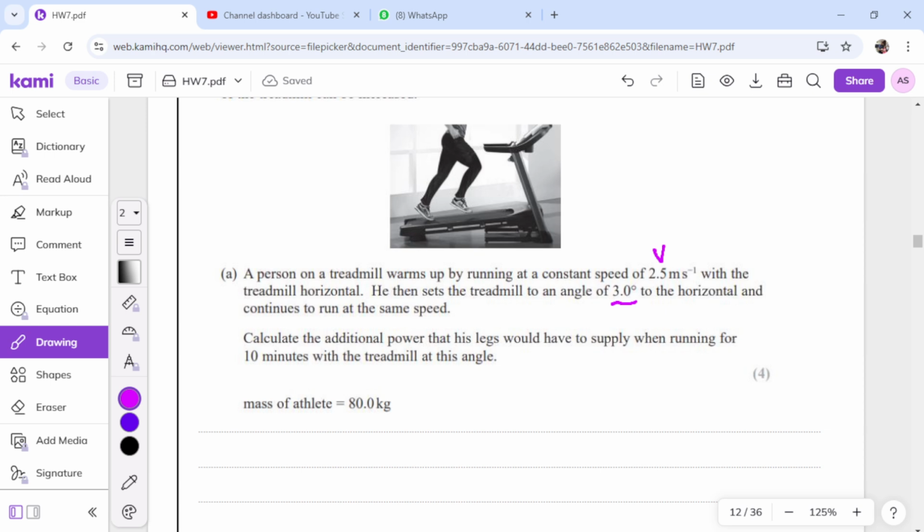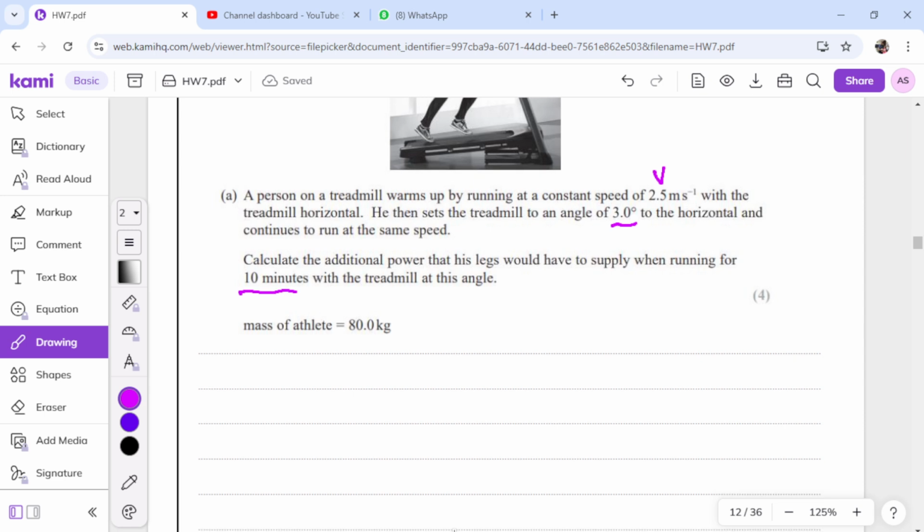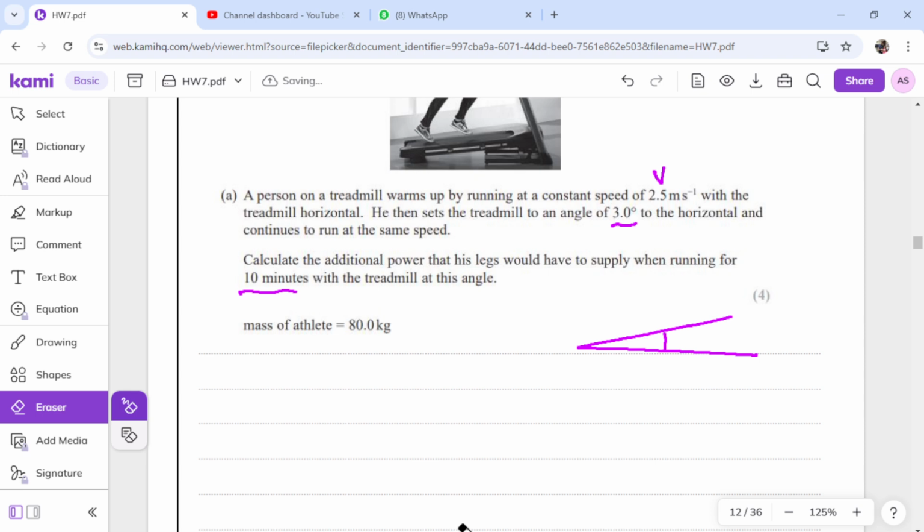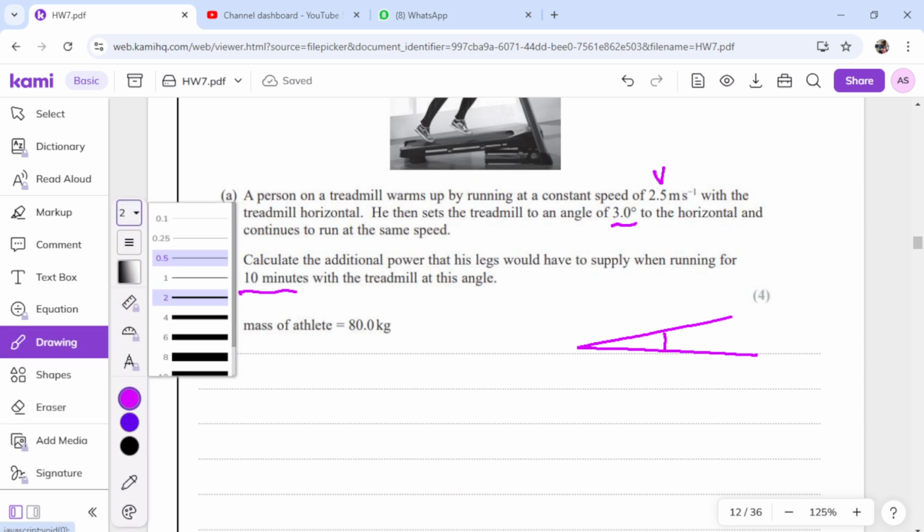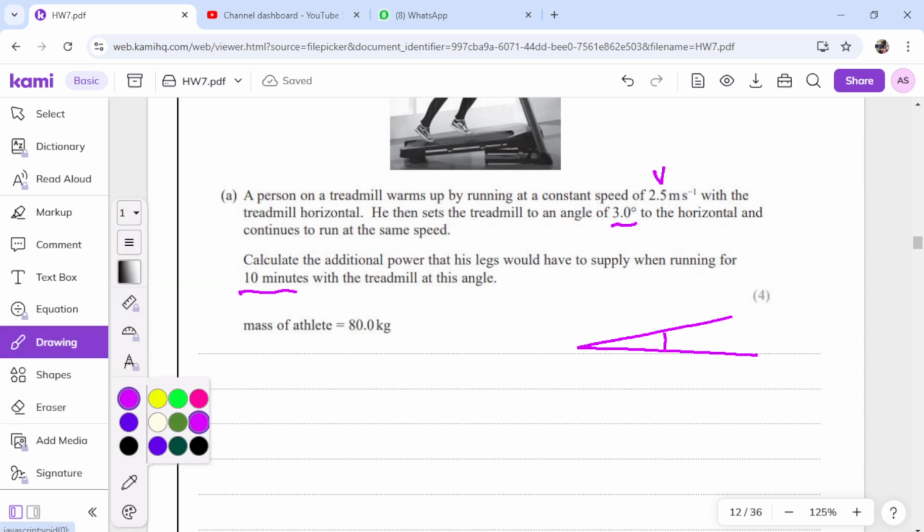Calculate the additional power that his legs would have to supply when running for 10 minutes with the treadmill at this angle. So first you have to understand, he asks about the extra power needed to move up at this angle of 3 degrees.